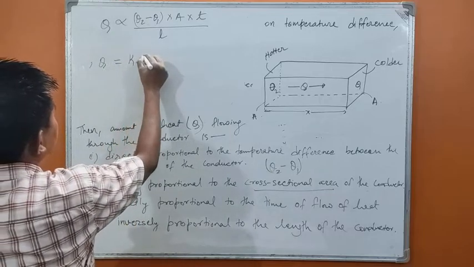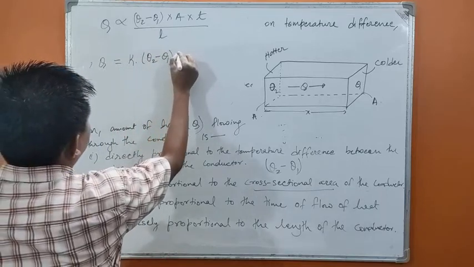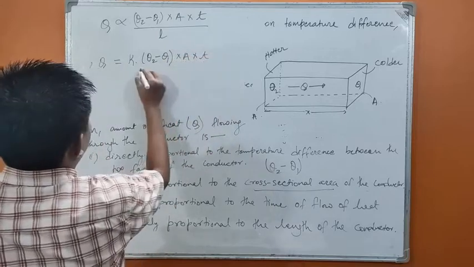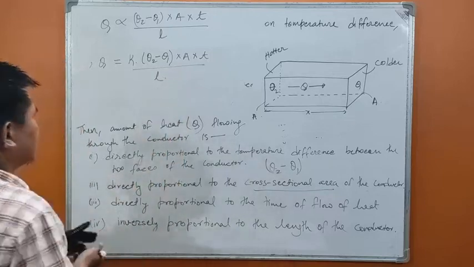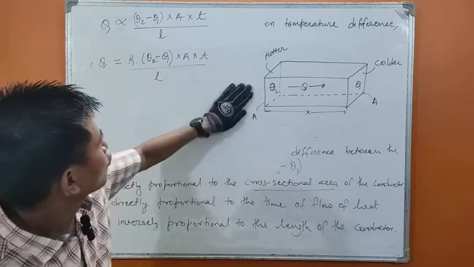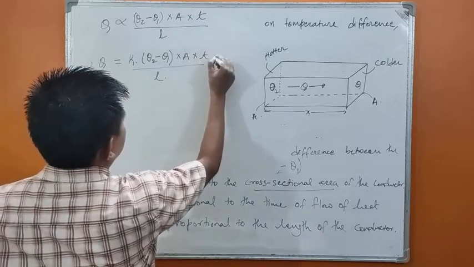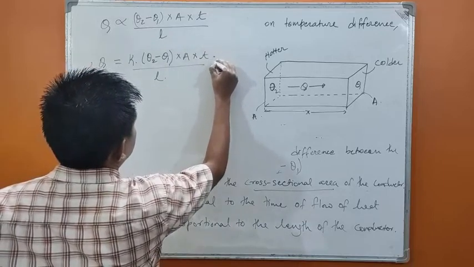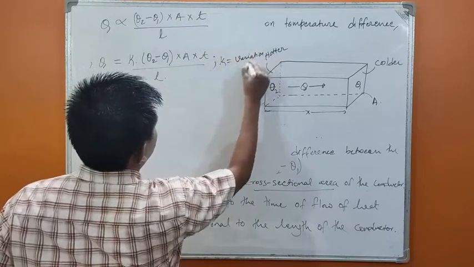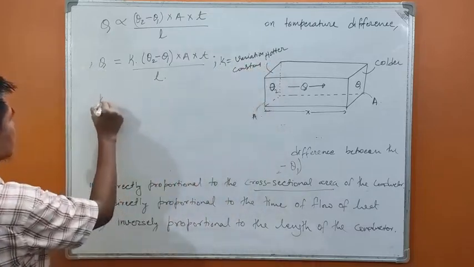Q equals K times (θ2 minus θ1) into A into T upon L. This K is the variation constant.